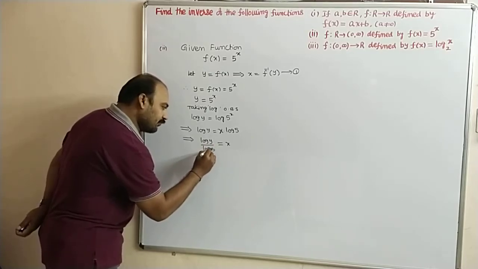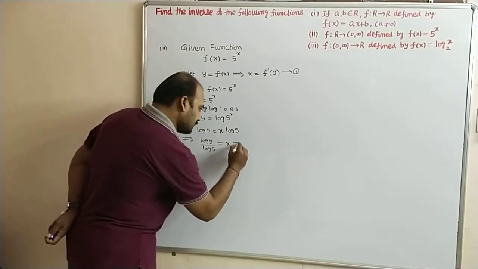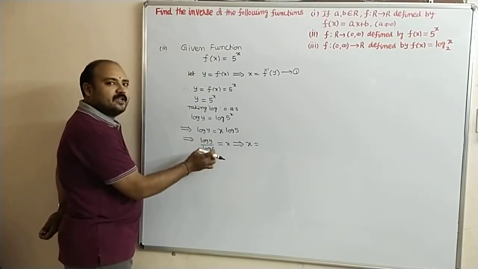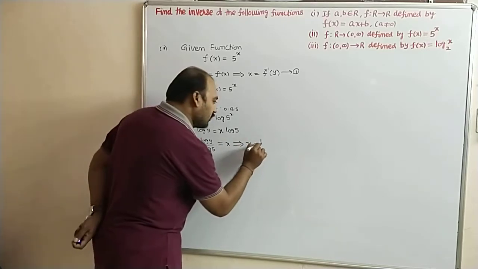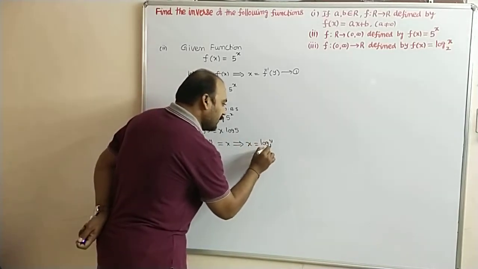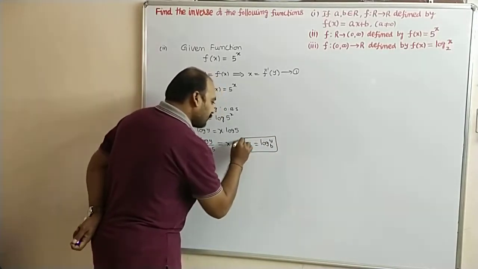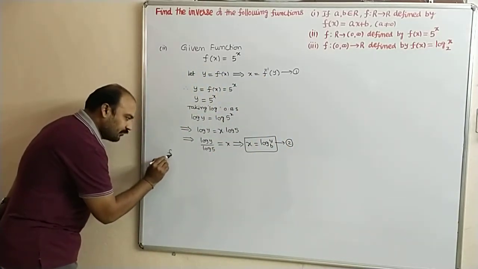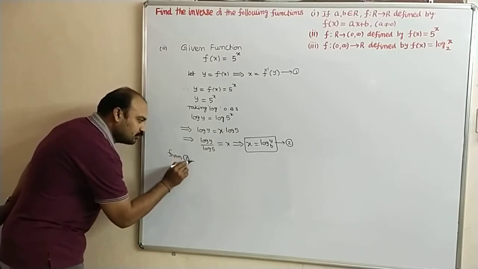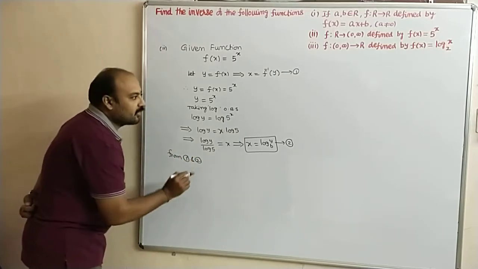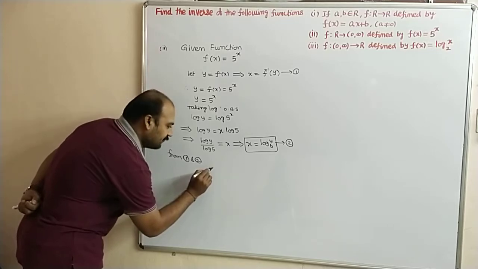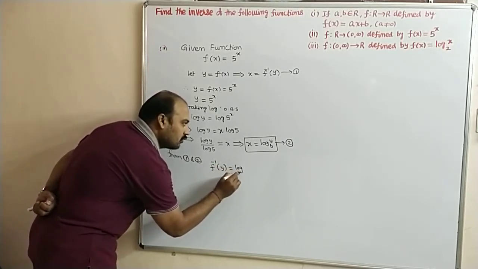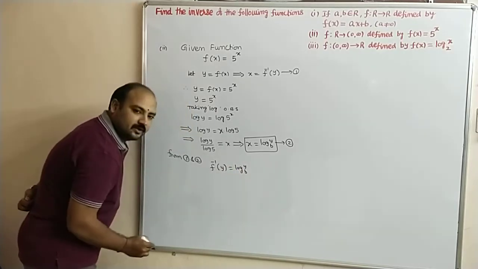We know that log a by log b is log a to the base b. So x is equal to log y to the base 5. That is equation number 2. From 1 and 2, f inverse of y equal to log y to the base 5.